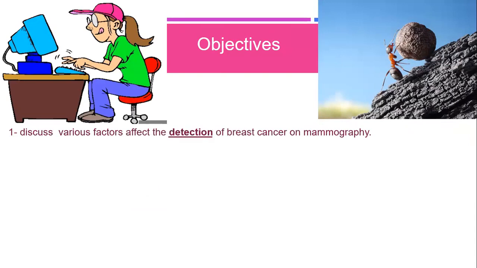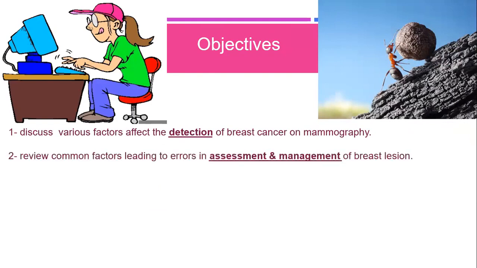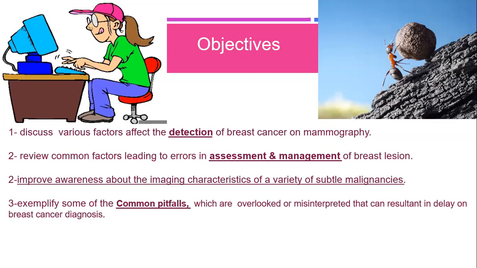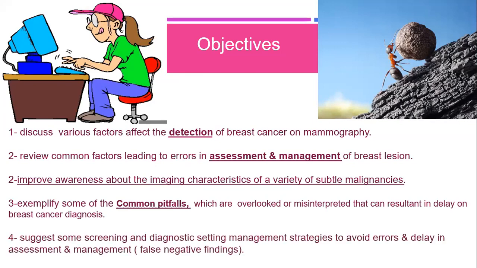And our objective for these lectures is to discuss various factors affecting the detection of breast cancer on mammography, to review common factors leading to errors in assessment and management of breast lesions, and to improve awareness about the imaging characteristics of a variety of subtle malignancies, exemplifying some of the common pitfalls which are overlooked or misinterpreted that can result in delay in breast cancer diagnosis, and suggest some screening and diagnostic setting management strategies to avoid errors and delay in assessment and management, false negative findings.